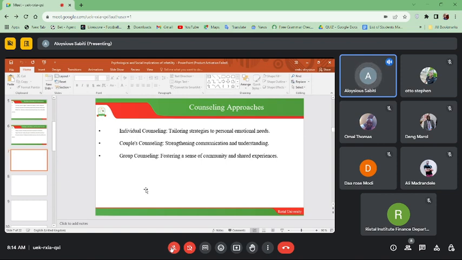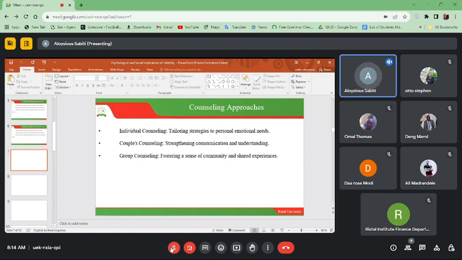So individual counseling is tailoring strategies to personal emotional needs. It's a one-on-one face-to-face talk, and the person is able to explain to you what they are facing or what their problem is, what we're calling an emotional need.